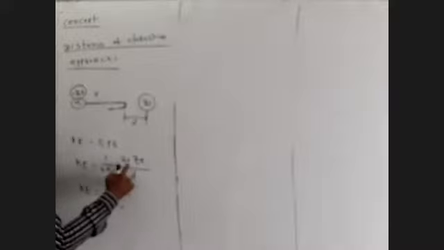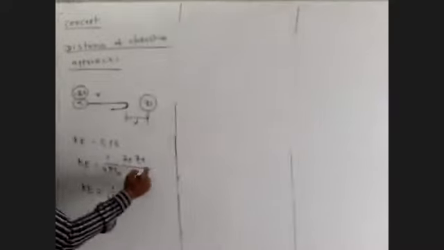So it is 1/4 pi epsilon naught into 2Ze squared by d.